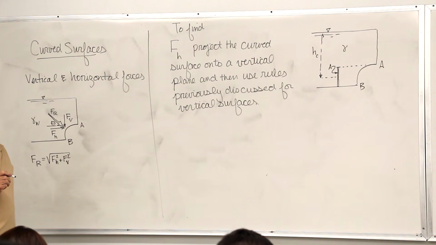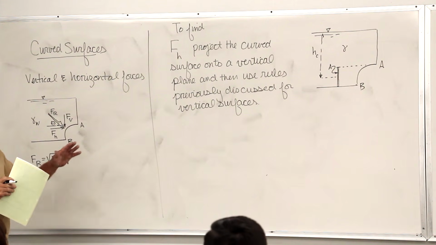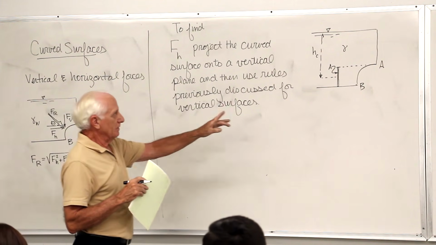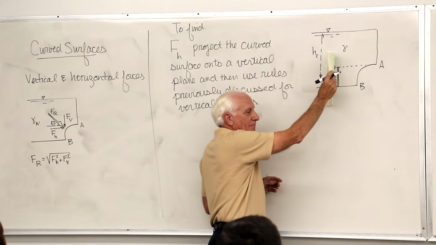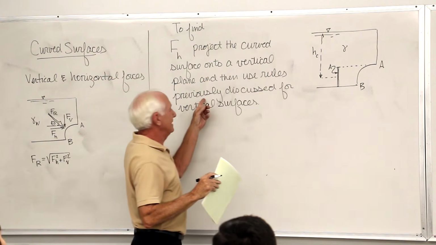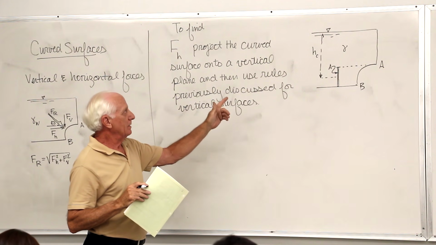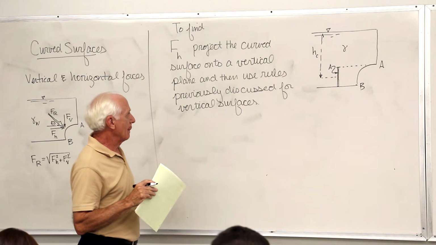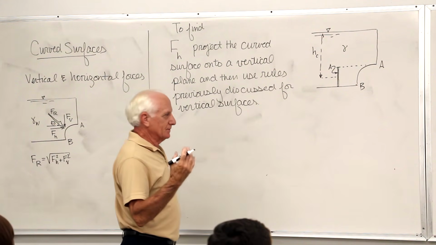The way you find the horizontal force on a curved surface is you project the curved surface onto a vertical plane and then solve the problem the way you previously did for a vertical plane surface. Gamma H sub C times A. The line of action the same way.